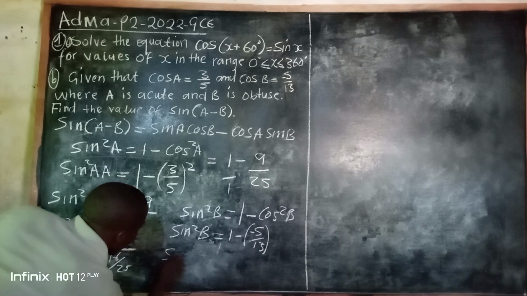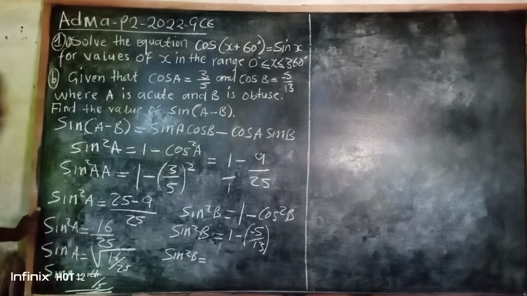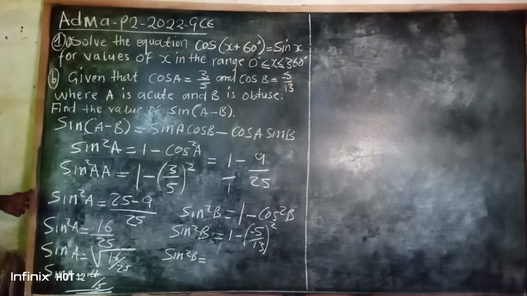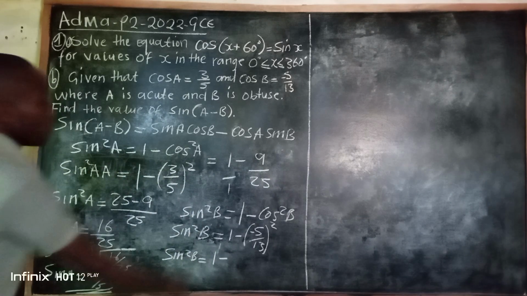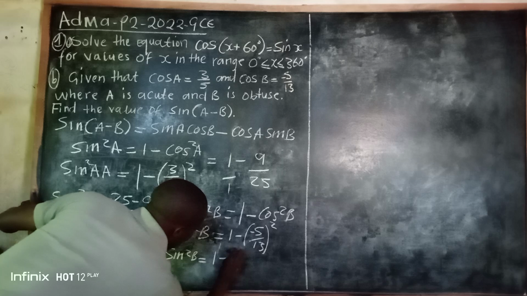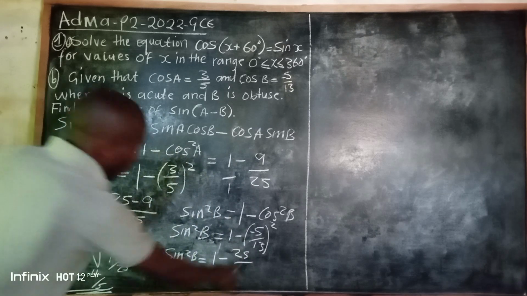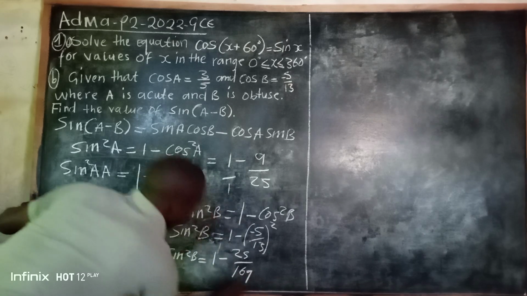Remember, there is a square there. So 1 minus 5 squared is 25, negative 5 squared is positive 25, then 13 squared is actually 169.